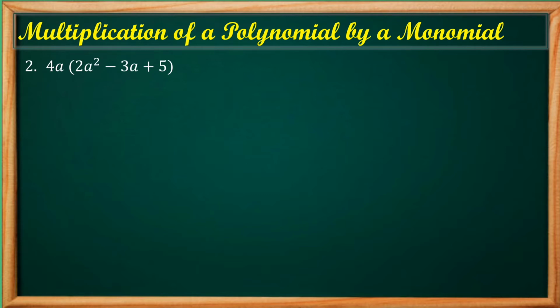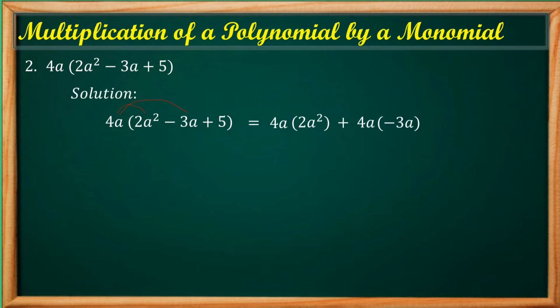Next, second example. The same, on this part, by distributive property, we can distribute that one. Therefore, you will have here 4a times 2a squared. Next, you will have 4a times 3a. Then plus 4a times negative 3a.